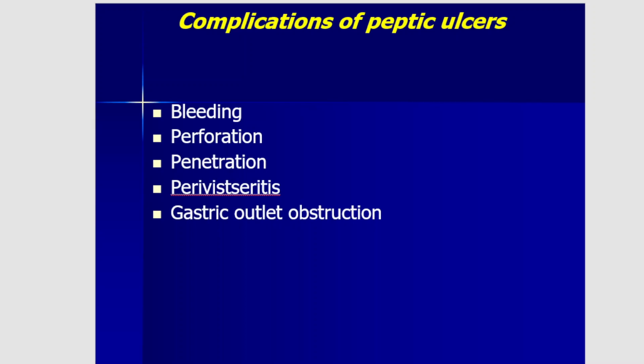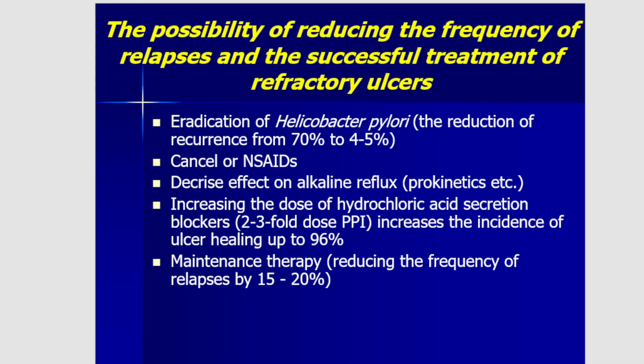Complications of peptic ulcers: bleeding, perforation, penetration, perivisceritis, gastric outlet obstruction.